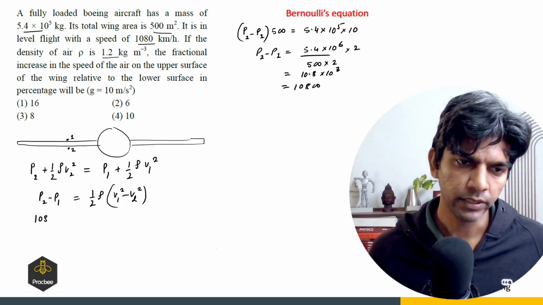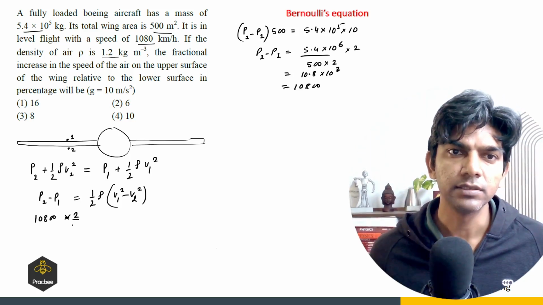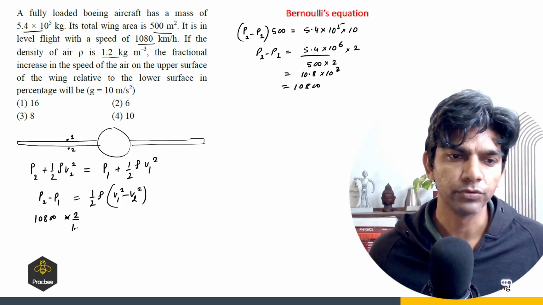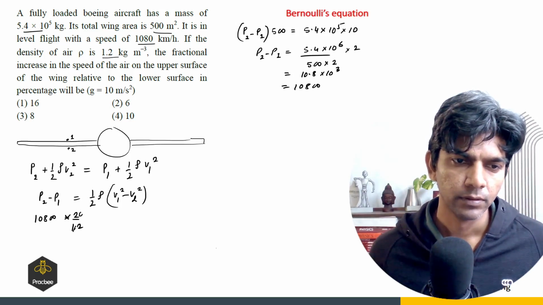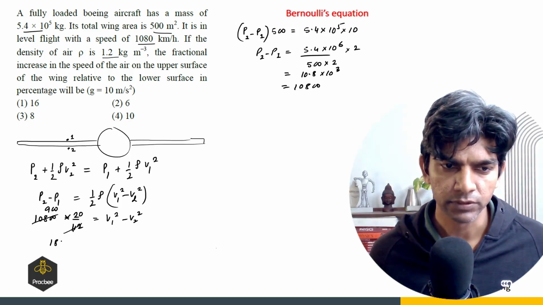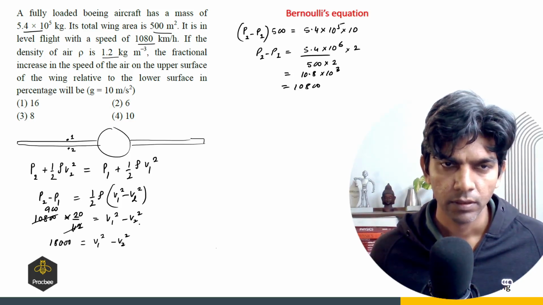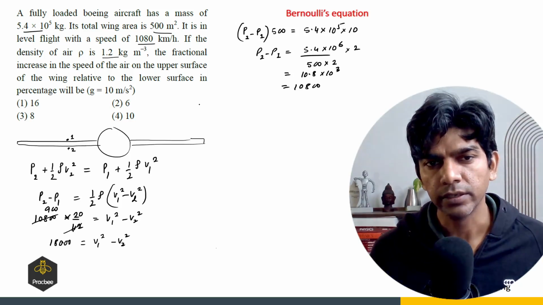So 10800. Multiply this with 2 and the density is given as 1.2. So it comes out to be 900. So V1 square minus V2 square is 18,000. And we have to find the fractional increase.